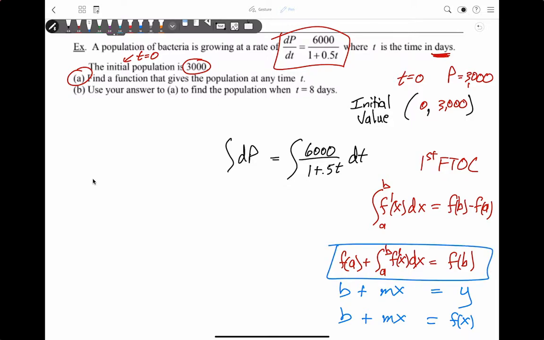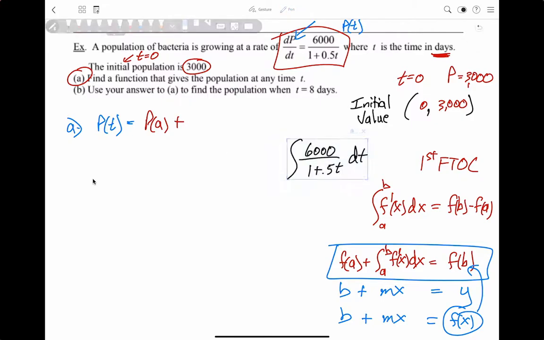And because of the variables that we're given, my population is my function. So I'm thinking like P of t. So this f of x, which came from this f of b, is going to become my position function. Instead of f of b, we're going to put P of t, and it's equal to my P of a, of where I start. So we can say P of a plus this integral of what I'm writing over here. Let me go ahead and write this out.